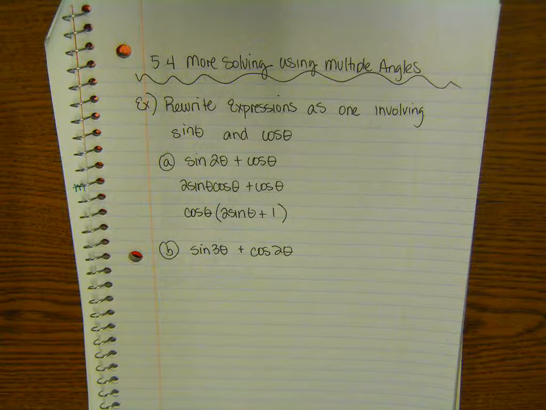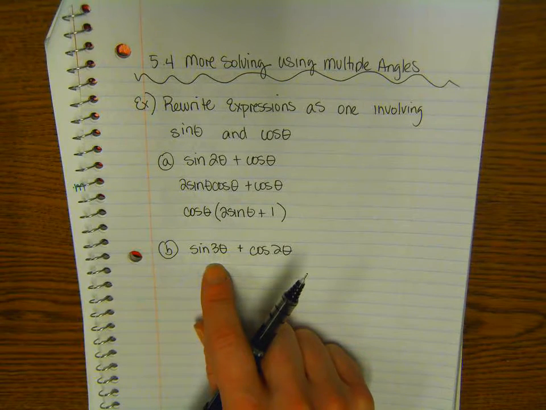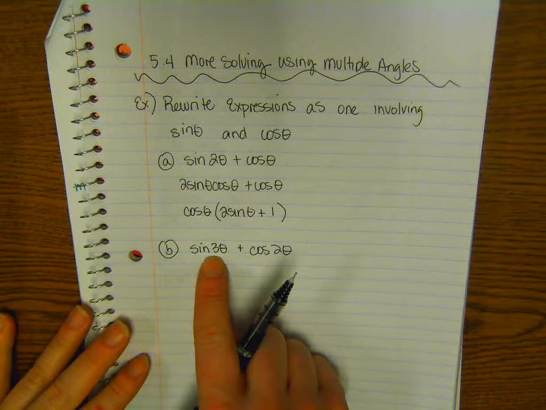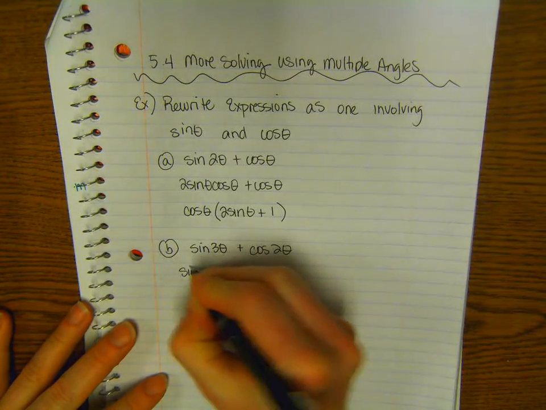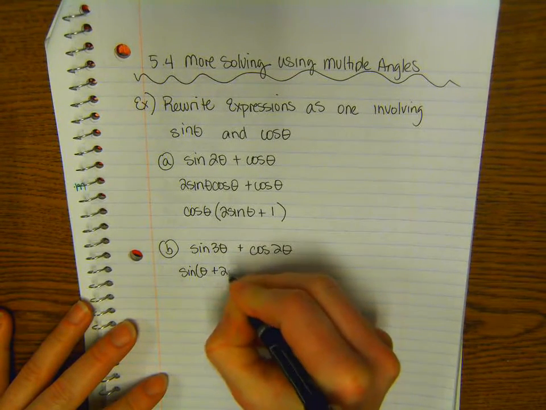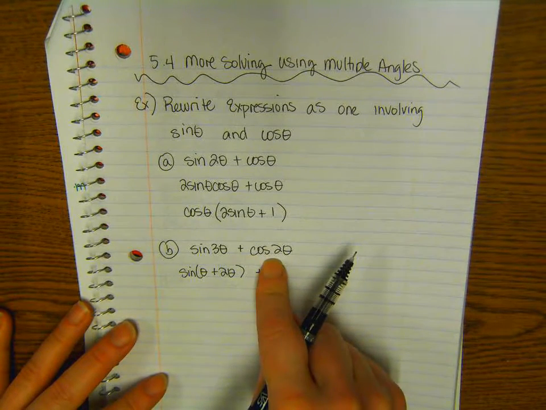You would just try. Okay. Awesome. He said, can't you just rewrite this, because if I have only a double angle, can't I just rewrite this as sine of theta plus 2 theta? Okay. Now let's just go ahead and rewrite this.